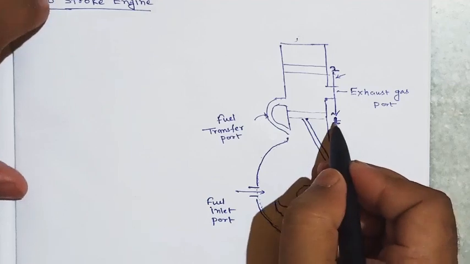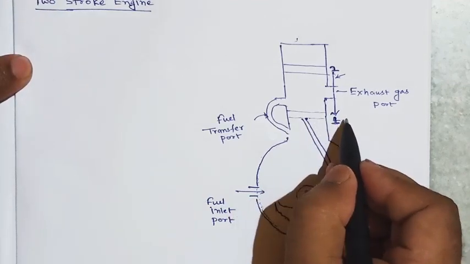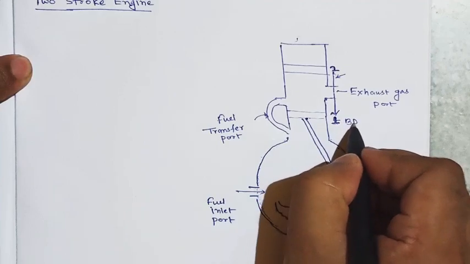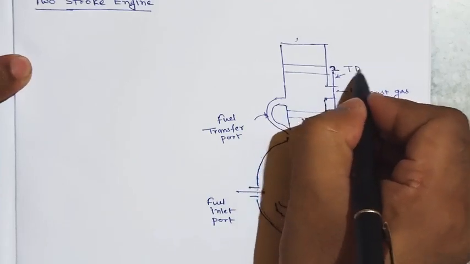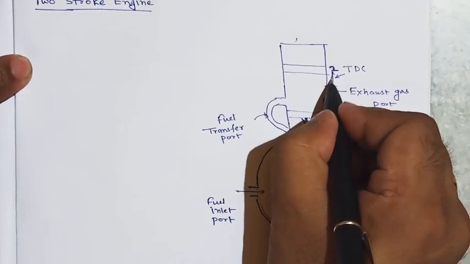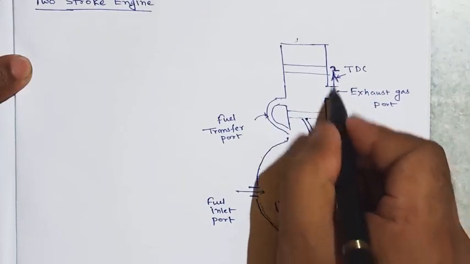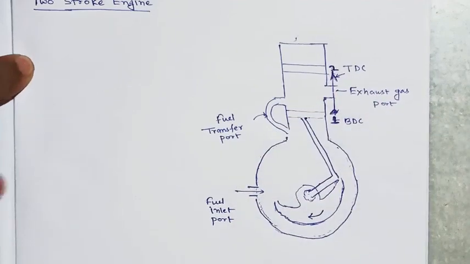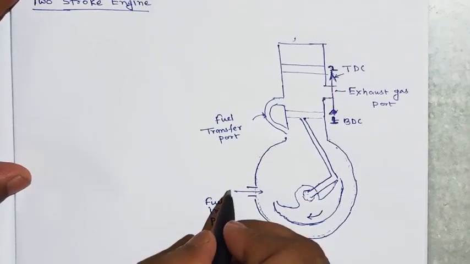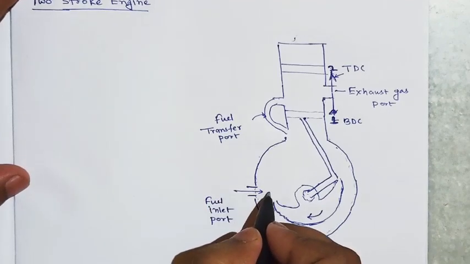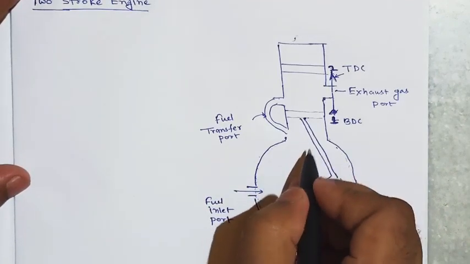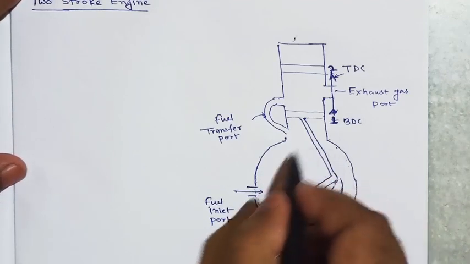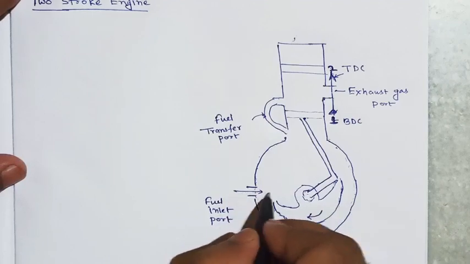First, the piston will move from BDC to TDC. Here it will move like that. This piston will move from 1 to 2, and at this time the fuel will enter this chamber due to the low pressure, that is, a negative pressure will generate here, a vacuum will be produced and fuel will enter.